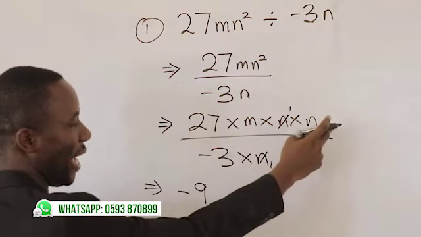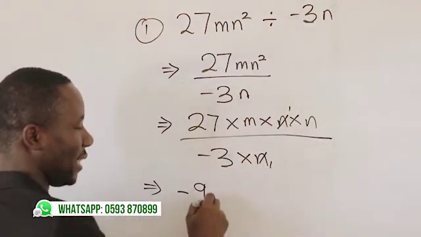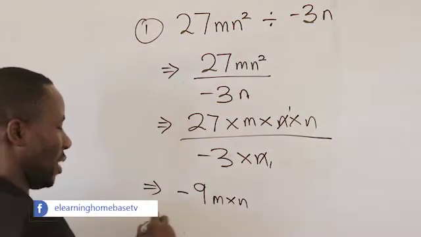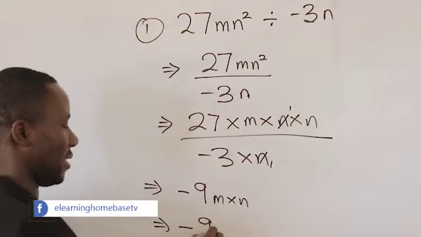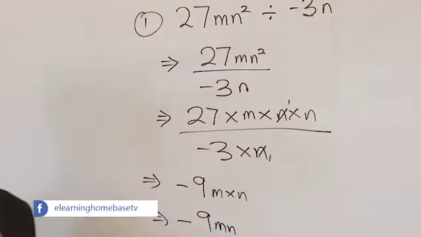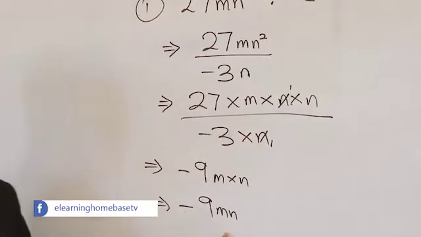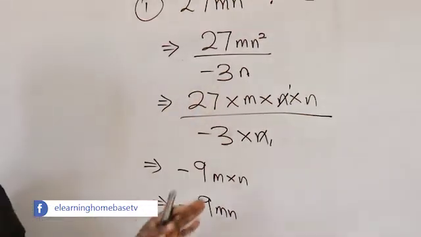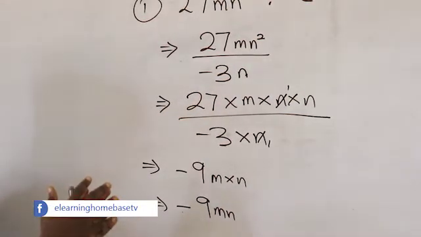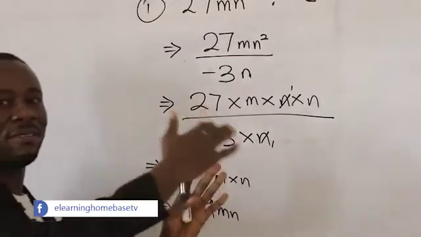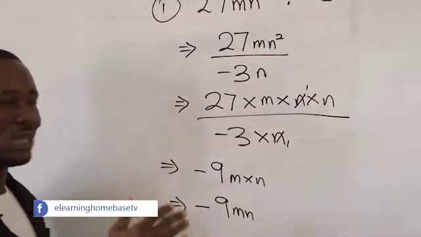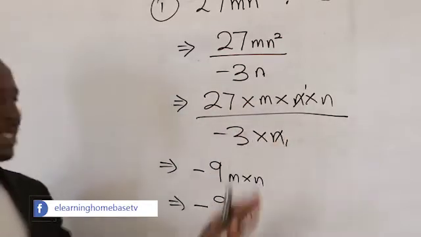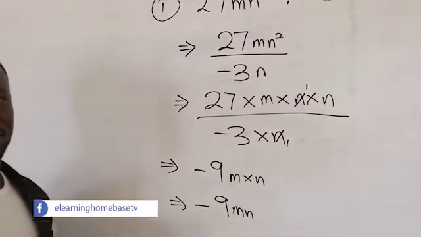We are left with m times n, which will give us negative 9mn. We get our answer easily. So you see, pick the numbers, deal with the numbers. When you finish, then you deal with the variables. By so doing, you easily get rid of the common ones and then get your final answer.